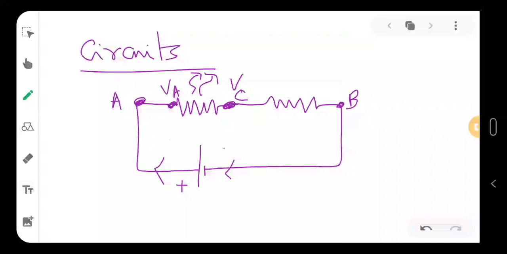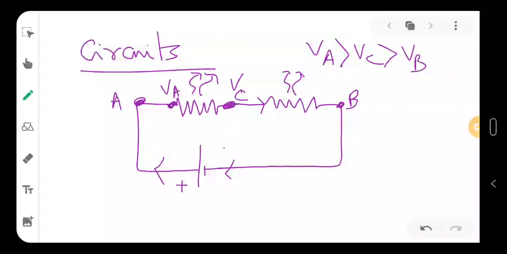When the charges were entering at the VA point, they had some energy, but after passing through, they have lost some of their energy, and now VC will be the remainder, or remaining energy. So obviously VA will be higher than VC. Again, in this resistance it will lose some energy, so VC will be higher than VB.